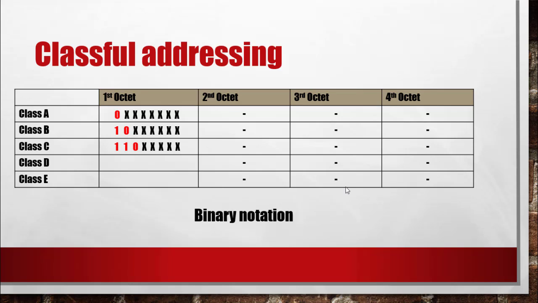Class D, 1, 1, 1, 0. Class E, of course, we have only 4 digits, so all 4 will be ones. To remember this, you can see a triangular pattern with the ones if you put these classes in order. This is how you remember the binary notation of class identification.